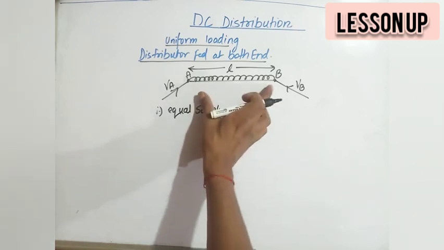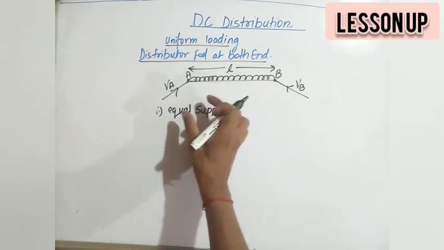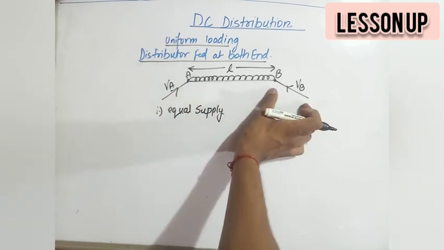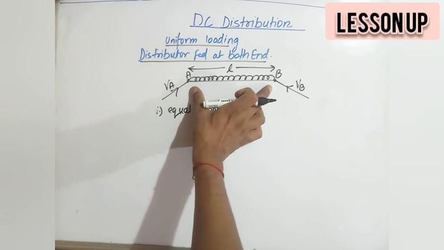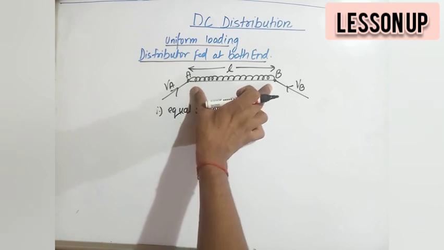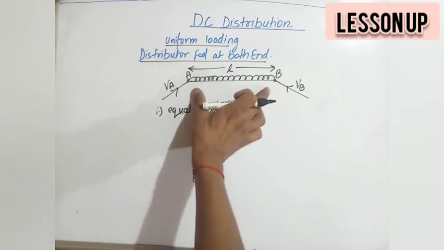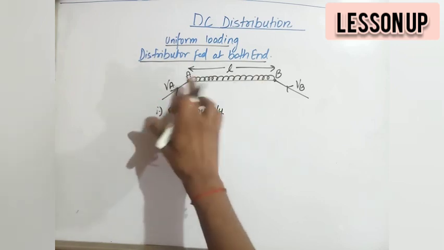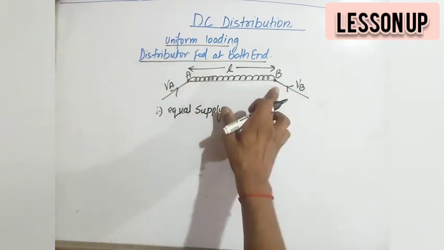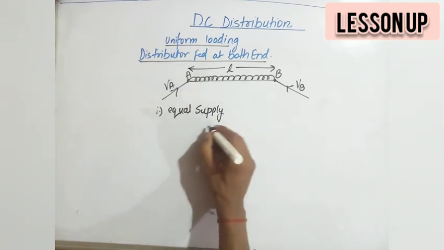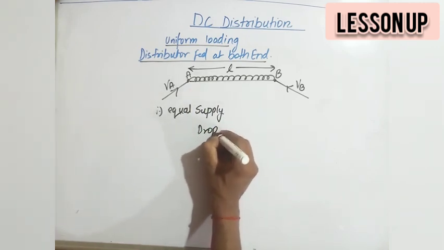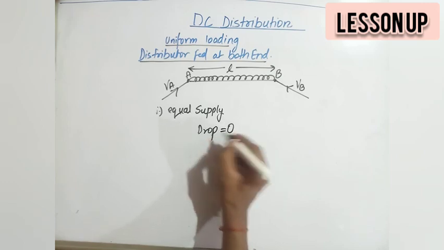So if this is uniform and the voltage VA is equal to VB, right, so the drop between these two will be equal to 0. As I told you before, if the voltage at both the points is equal, there will be no drop across this point. So the drop will be equal to 0.